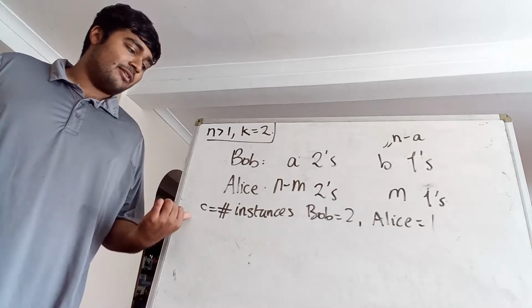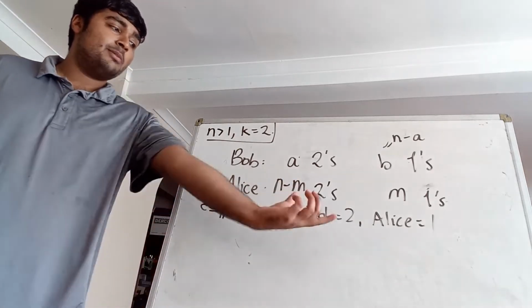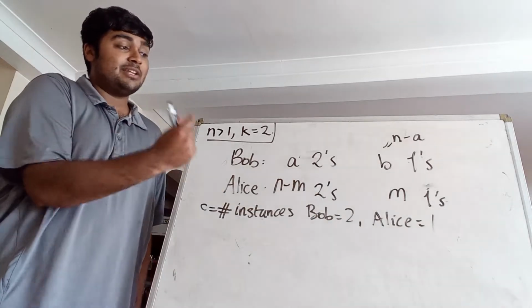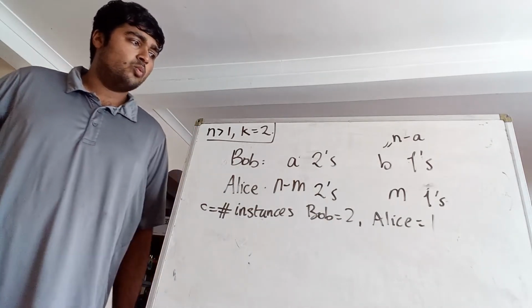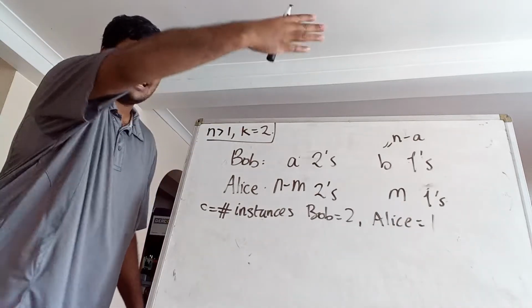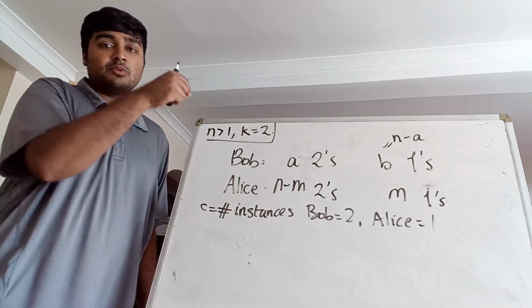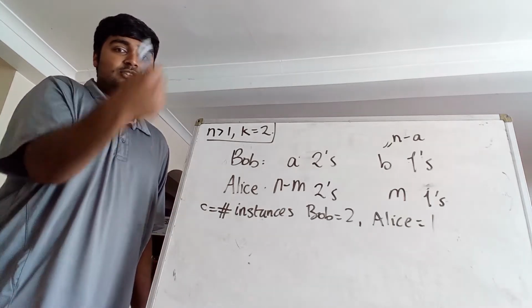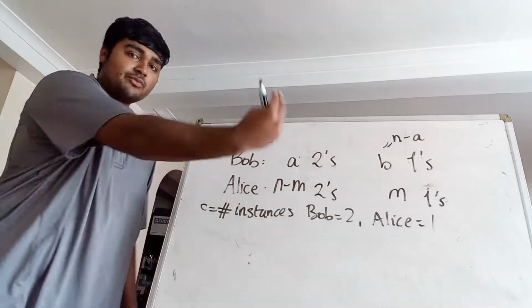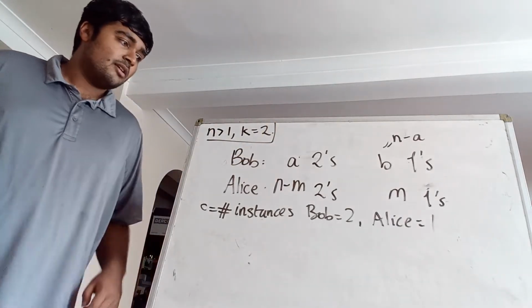Now let's define c to be the number of instances where Bob's code has a 2, but in that same position Alice has a 1. So we could write out Bob's n-digit sequence, and Alice's secret sequence underneath, and c counts the number of times where in a position Bob has written 2 but Alice has written 1, reading across the sequence. So c is going to be somewhere between 0 and n. Cool?